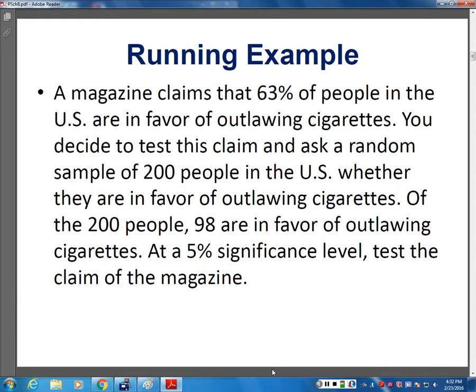You decide to test this claim and you ask a random sample of 200 people in the U.S. whether they are in favor of outlawing cigarettes. Of the 200 people, 98 are in favor of outlawing them. So at a 5% significance level, we will test the claim of the magazine that 63% of people in the U.S. are in favor of outlawing them.